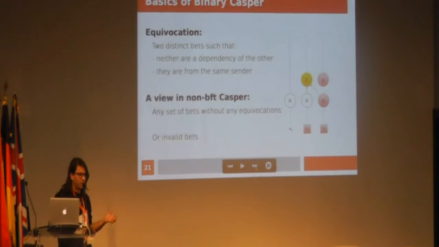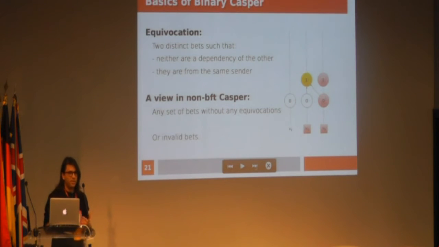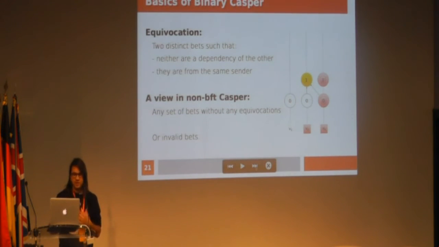Now there's this thing called equivocation, which is another kind of Byzantine fault, and Vitalik mentioned it in his talk, where in terms of this data structure, it basically means having two bets from the same validator, neither of which are in the dependency of the other. Which is to say that there's no path following the directed edges from one of the bets to the other.